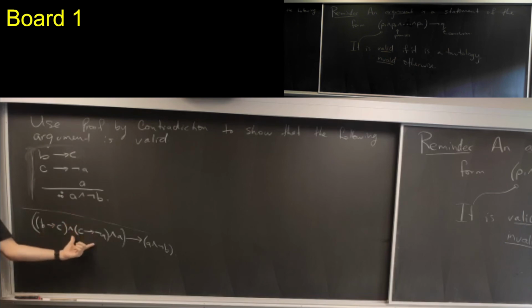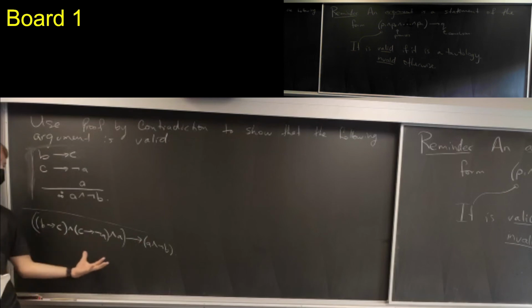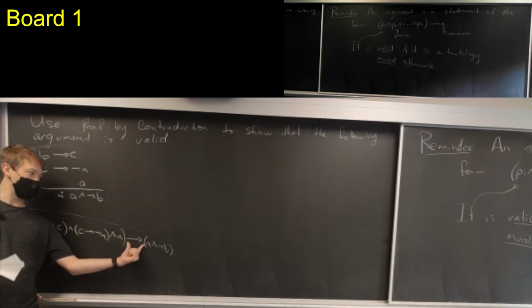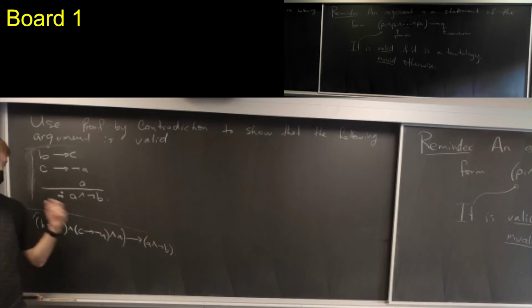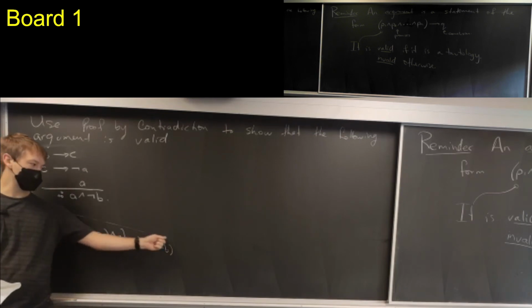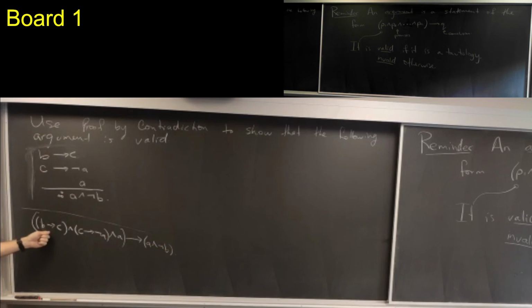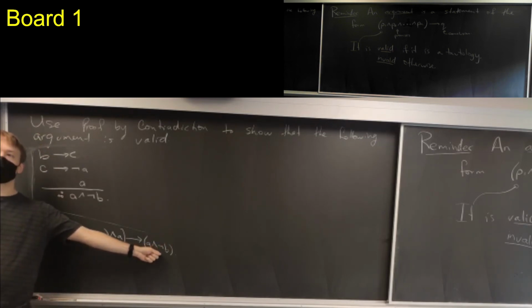What does it mean for this statement to be false? Exactly, that's just reminding you of how implications work. There are all these brackets, but the main thing is an implication. So assuming this statement is false means that we assume all three premises are true, and that the conclusion is false.